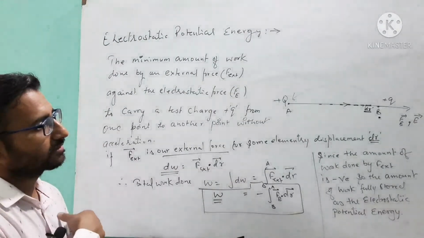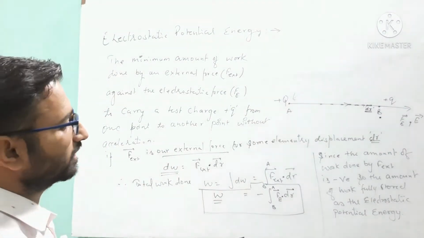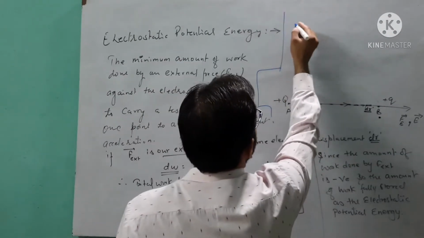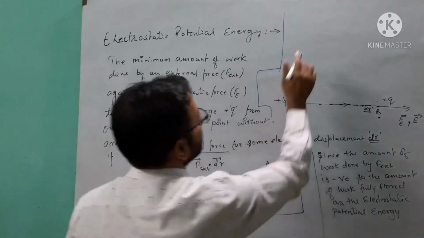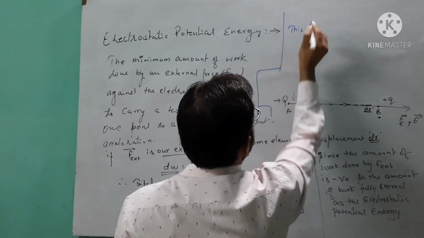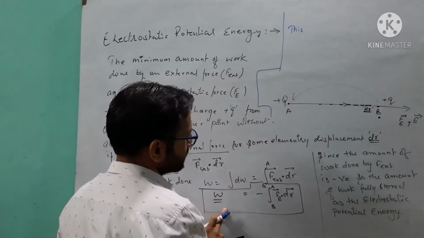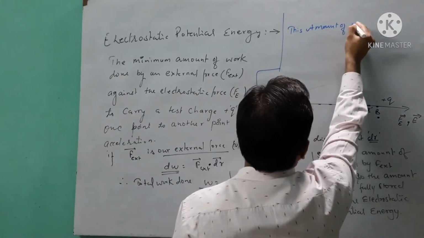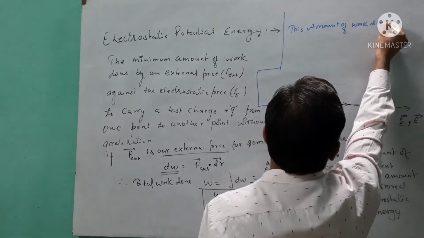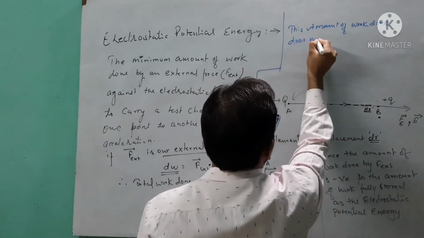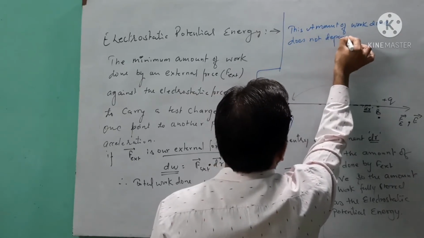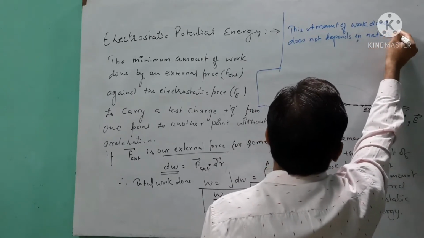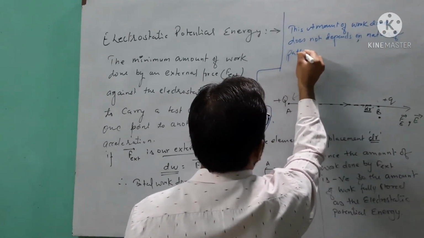And second thing, we can say one more thing: as we know that electrostatic force is conservative in nature, this electrostatic potential energy, or amount of work done, does not depend on the nature of path.